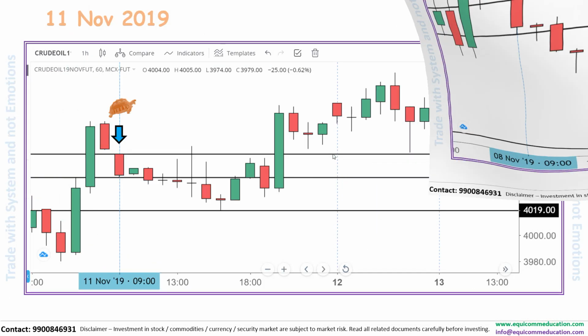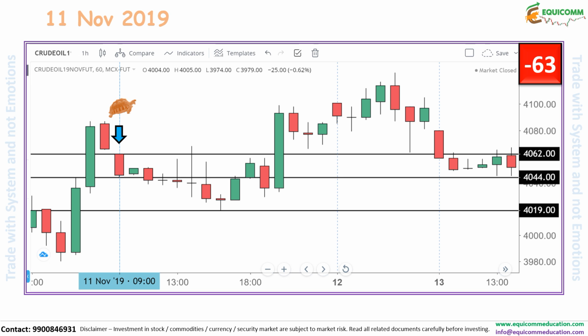Another example, 11th November, here we made a loss. Yeah, we made a loss. So those days will also come. No need to get frustrated or panicked. We have to simply follow our turtle. Trust me, turtle will definitely take us to the destination. Slowly we will go.